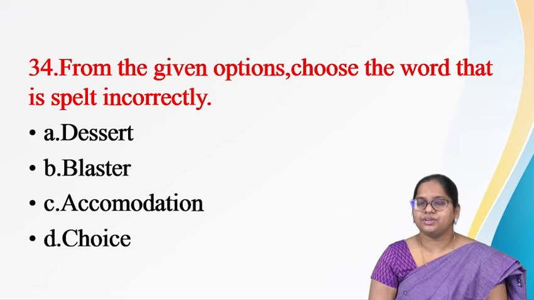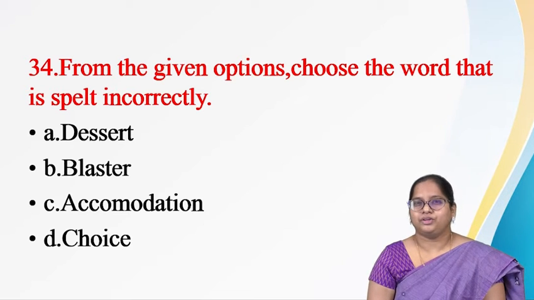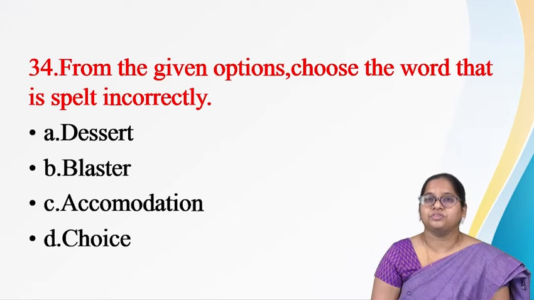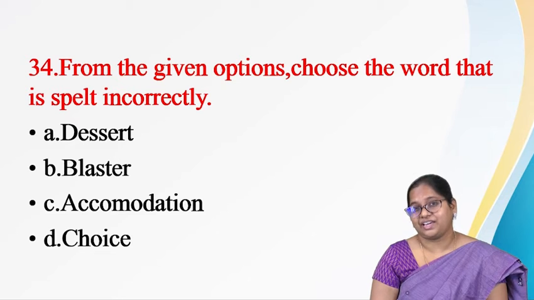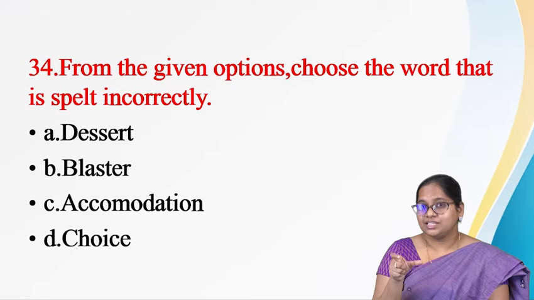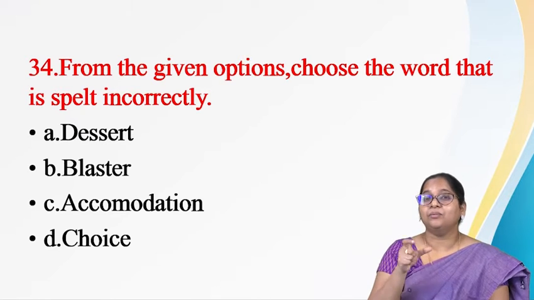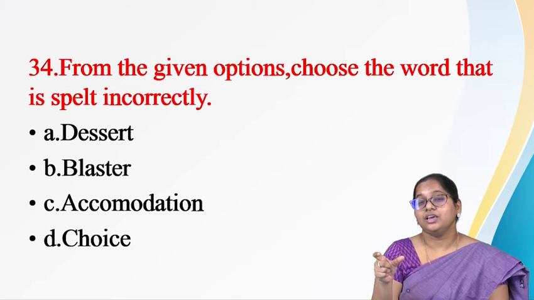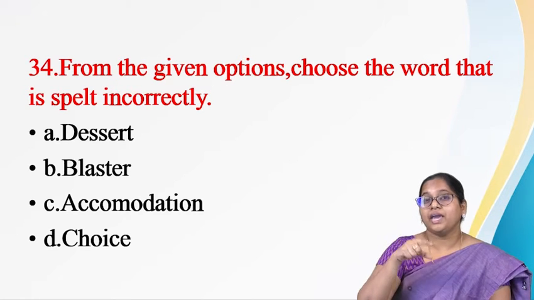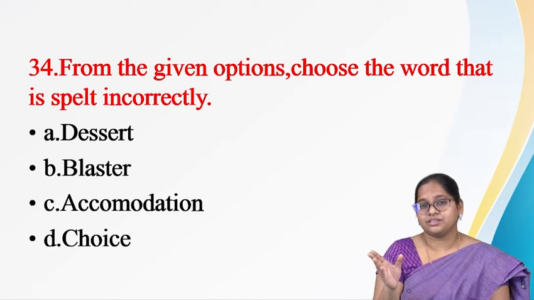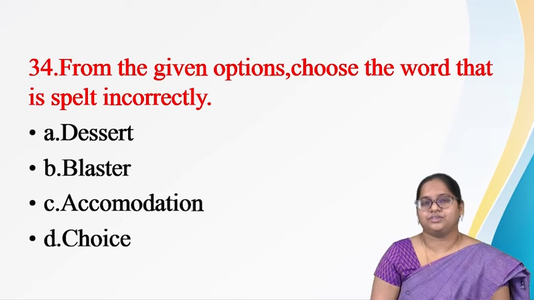Next, blaster, BLASTER, of course, somebody who blasts. That's not a wrong word. It is spelled correctly. Then accommodation, yes, you have to check. Always focus on the words whose spellings have double letters, double C, double M. See, in the last question also, MISSI. Whenever there are double letters, there is always confusion.